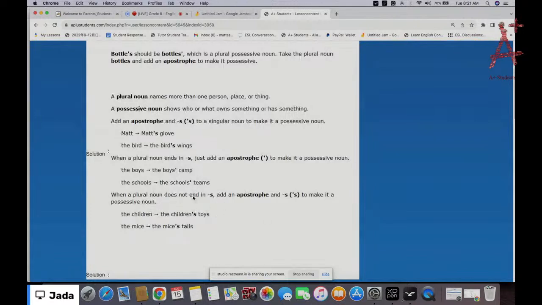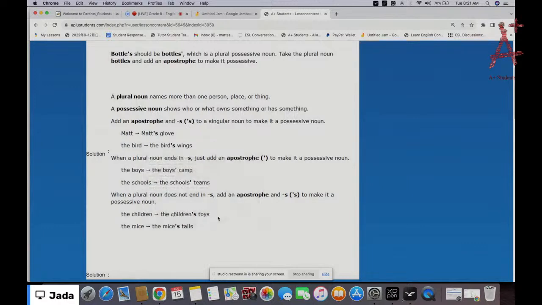When a plural noun does not end in s, add an apostrophe and s to make it possessive. It's plural, but it doesn't have an s. So what you need to do is just add the apostrophe and the s to make it possessive. Just like this, the children's toys.